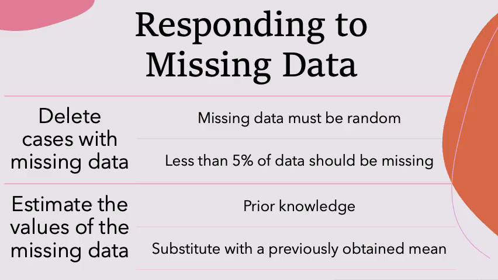In other words, if you have participants that did not answer all of your survey questions, rerun your data and only include the participants who answered all the questions. While this approach is very simple, it should be used with extreme caution and is only appropriate if the missing data are random and the amount of missing data is small.